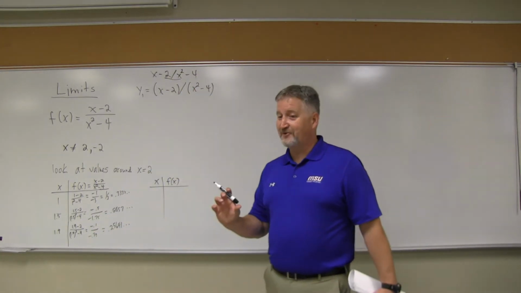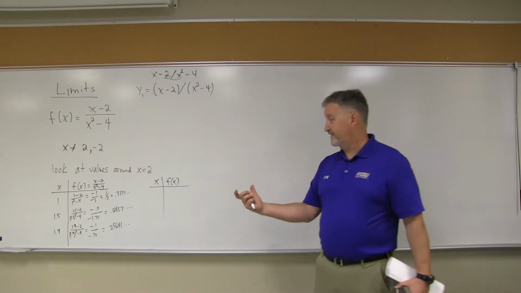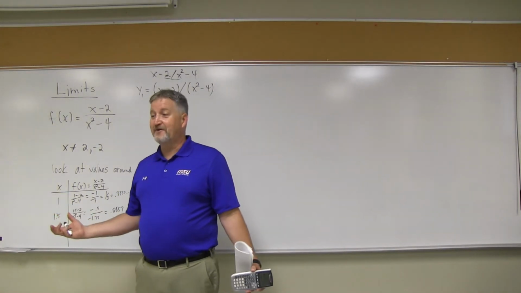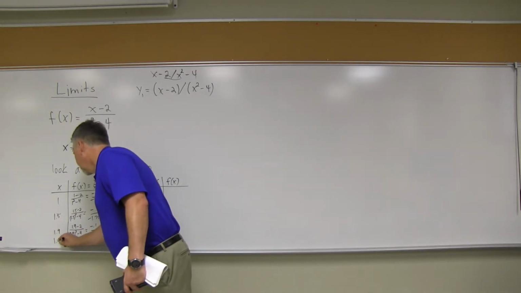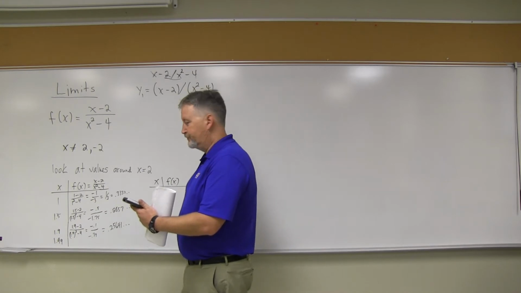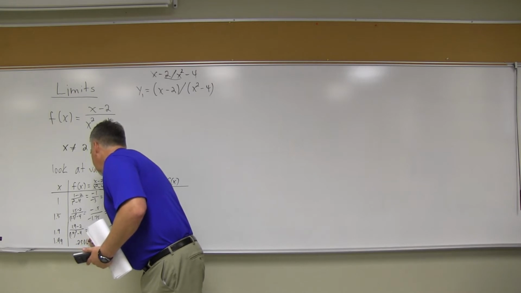To squeeze in closer, what I'm going to have to do is add another place, go out to hundredths here. I could do 1.91, but let's go to 1.99, okay? Point 25063.